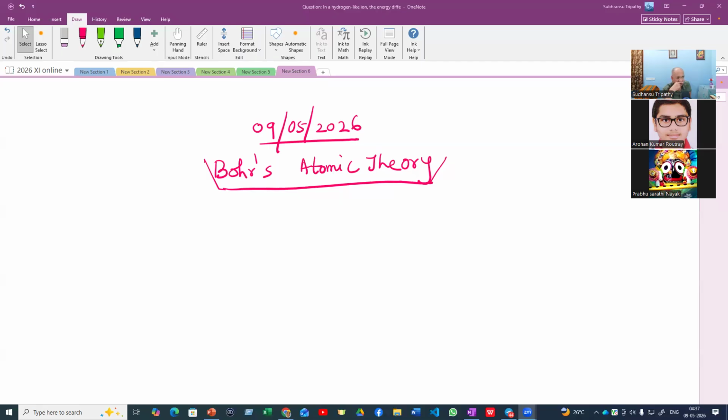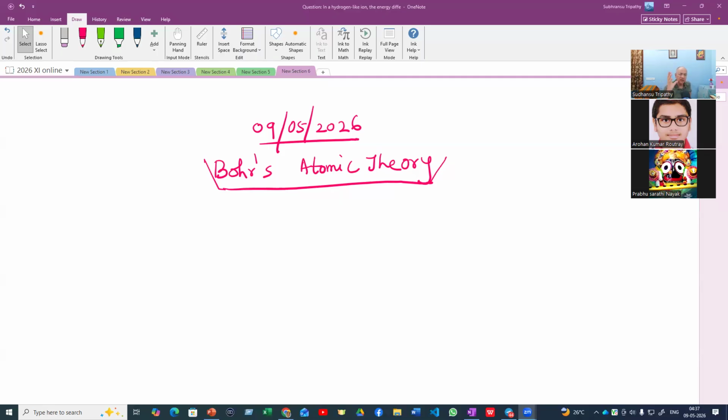And if you pass it through a prism and catch the individual frequencies on a screen, what lines do we get, Prabhu? Yes, D1 and D2 lines.